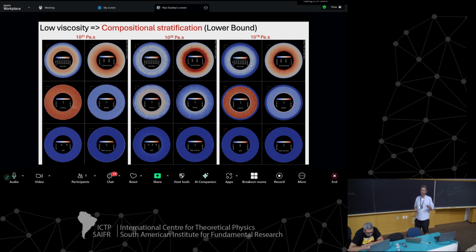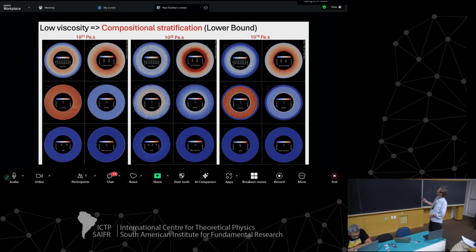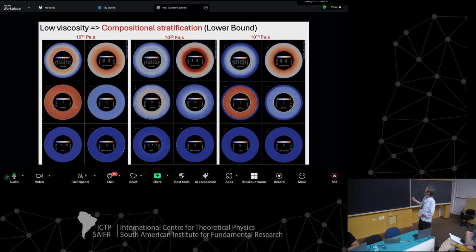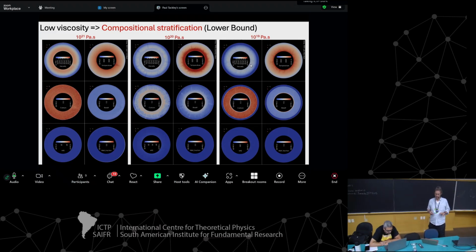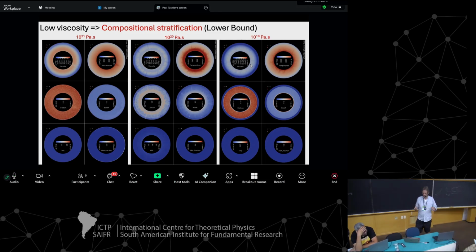On the other hand, the compositional density difference probably remains more or less the same. So that means that compositional density variations become more important, and you can end up with large-scale compositional stratification of these planets. And this is not including any early magma ocean type effects. It's just layering that builds up due to melting and crustal production.